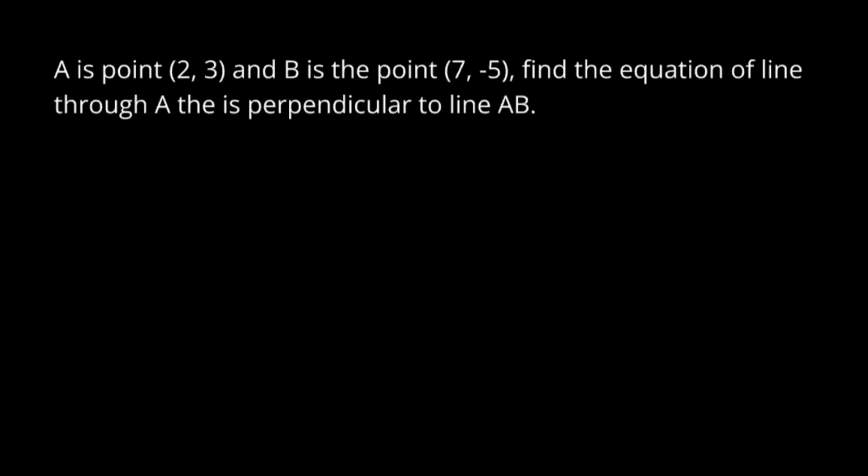So let's try a perpendicular line question. A is the point (2, 3) and B is the point (7, -5). Find the equation of the line through A that is perpendicular to line AB.